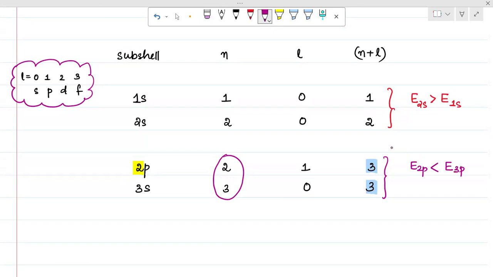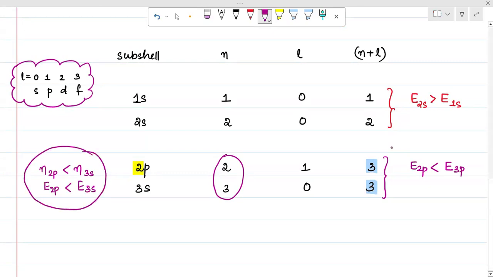Because 3 is greater than 2. Here the principal quantum number of 2p is less than the principal quantum number of 3s, and hence the energy corresponding to 2p is less than the energy corresponding to 3s. This was compared only because for these two cases, the n plus L values are the same. Okay, so you got that, I hope so.